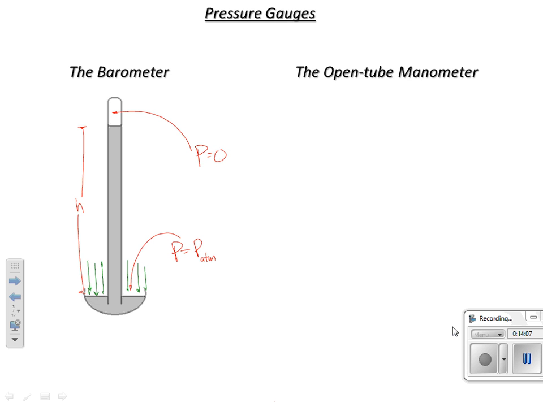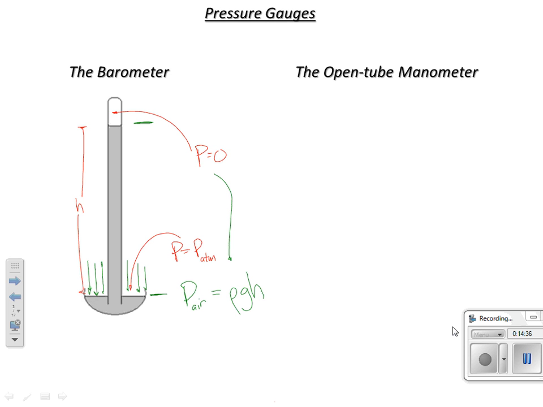And so what you can say is, well, let's see, we could relate the pressure at this height to the pressure at this height. And we could say the pressure below, which is air pressure, is the pressure above, well, that's 0, plus rho g h.